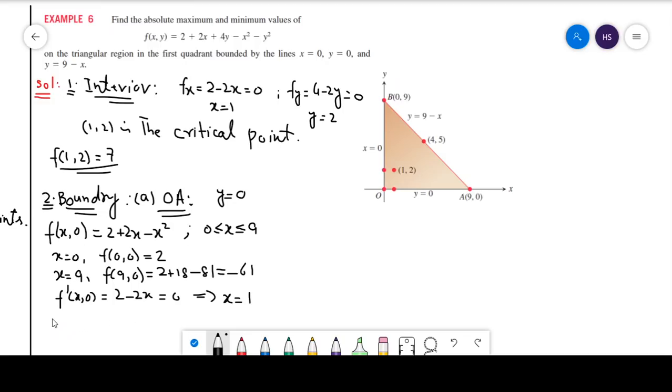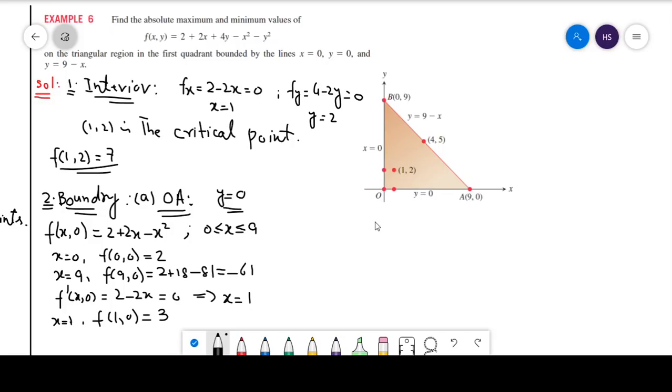So x equal to 1, y is 0 because we are in this case. So f of (1, 0) gives us the value 3, right? We have investigated all the boundary points and the inside of this line segment OA.